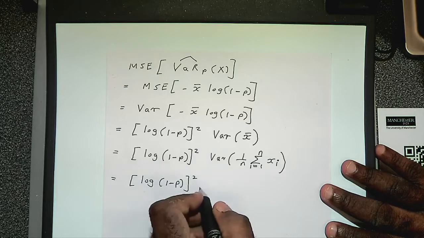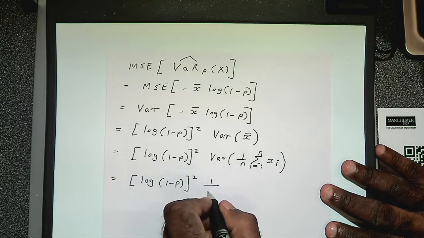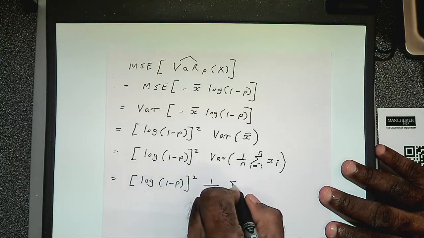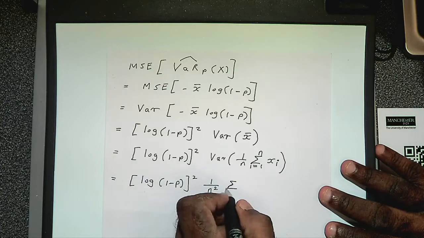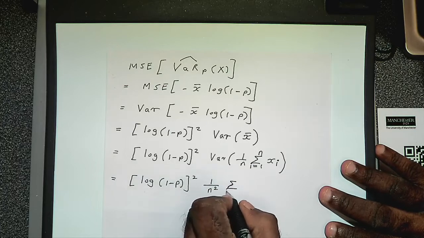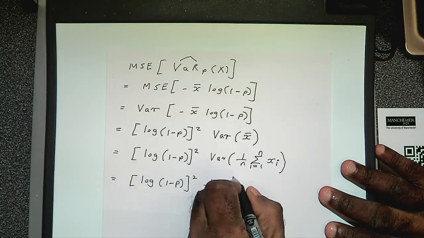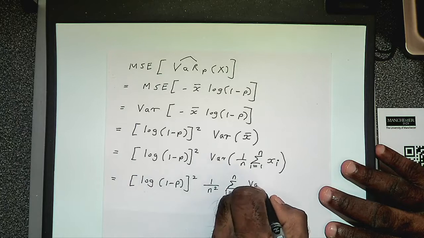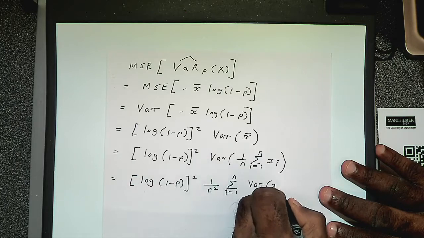Taking the variance inside, you get 1 over n squared times the sum of the variance of xi.